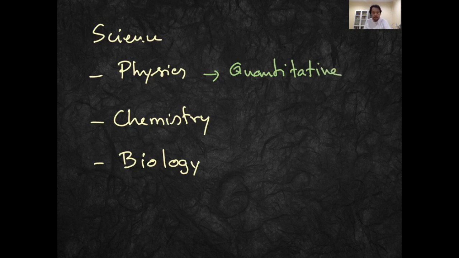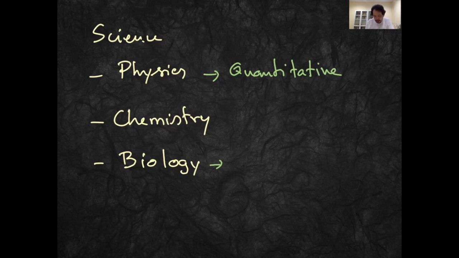Specifically for physics, we know that physics is a quantitative science. When we say that physics is a quantitative science, it means that when we express the knowledge of physics, we have to express the knowledge using numbers. This is very different from biology.